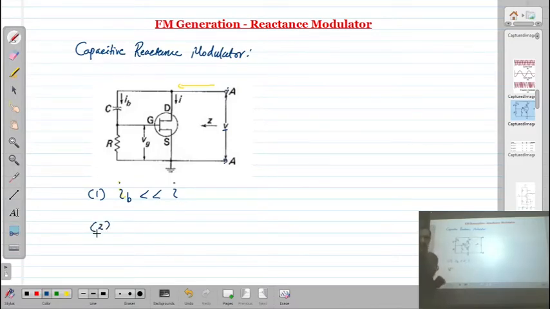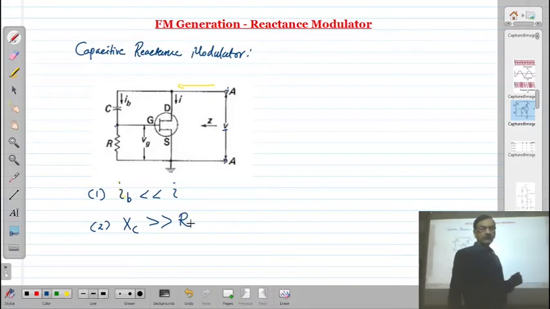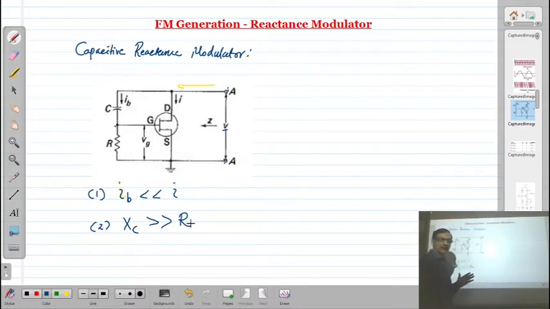And the second condition is that here we are connecting a capacitor between the drain and gate, and the resistance is connected between the gate and the source. So the reactance of this capacitor must be much greater than the resistance R. Means the reactance between the drain and gate should be very, very high compared to the resistance between the gate and source.